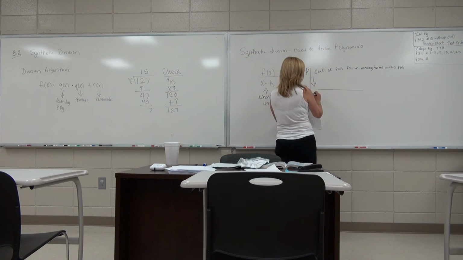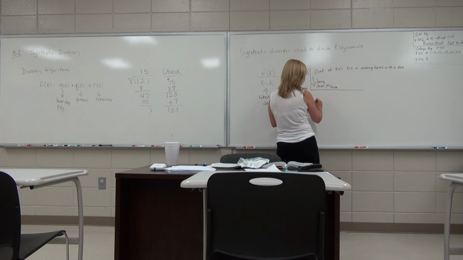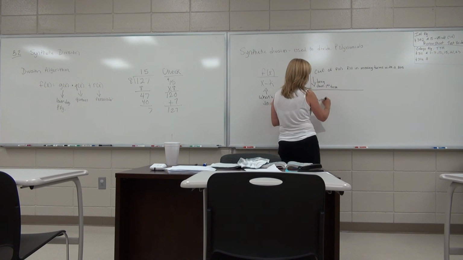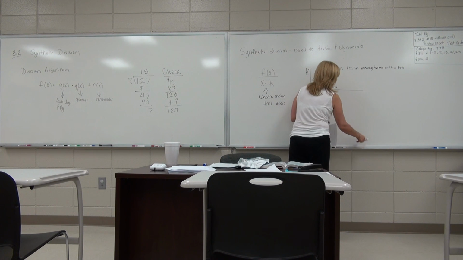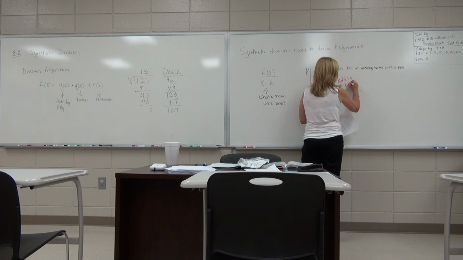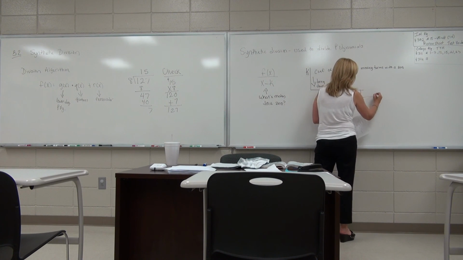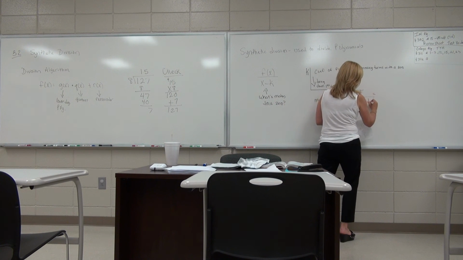You bring down the first term. Bring down the first number. And down here, you are going to multiply, and then we're going to put up here that we're going to add in the box. Way over here, under your constant term, is going to be your remainder.